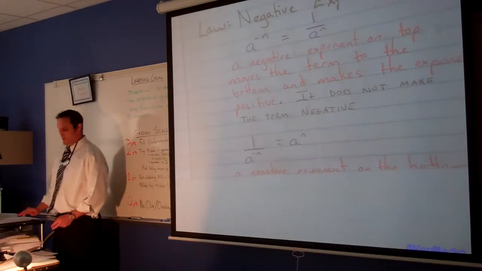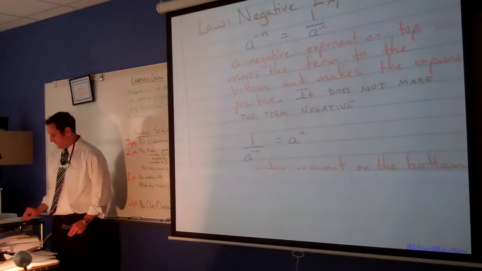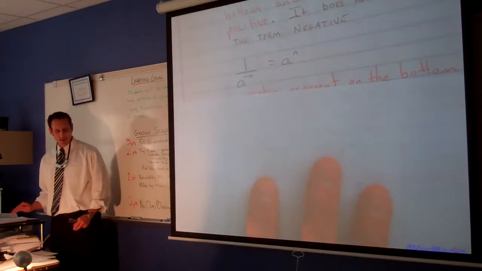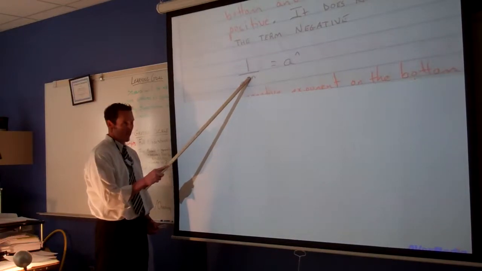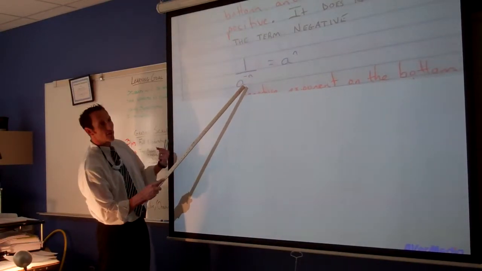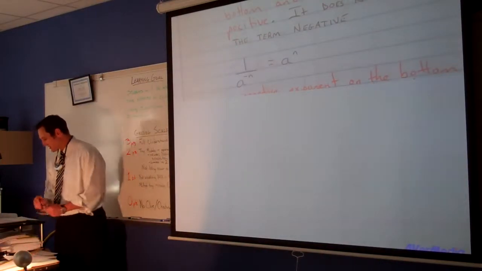On the same law, if you have a term that's already on the bottom with a negative exponent, that means the term moves to the top and the exponent becomes positive.